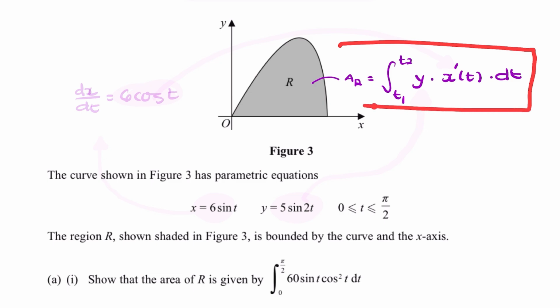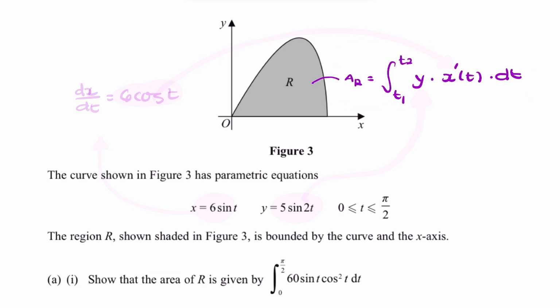And we know y in terms of t, so that's easy. And we can find the derivative of x easily. So we can say dx by dt is 6 cosine t, and that would then go into there.